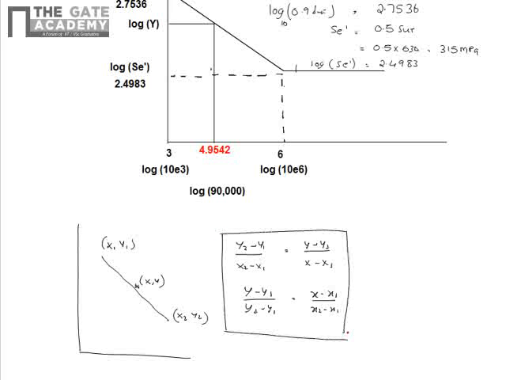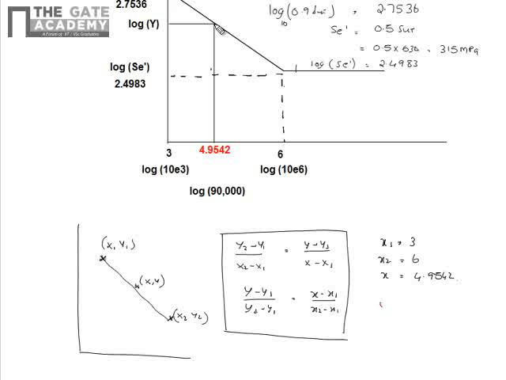And here what is x1 and x2? In our case we can say x1 is equal to 3, x2 is equal to 6, x equals 4.9542. This x1 is the x coordinate of this point, that is nothing but 3, and x2 is the x coordinate of this point, which is nothing but 6 here, and x is the x coordinate of the point which we want to find out, that is 4.9542.